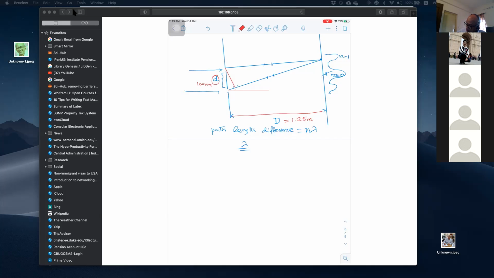So this is a distance of the order of meters, while the separation between the two slits is only 100 nanometers.